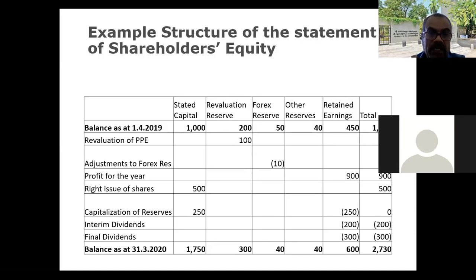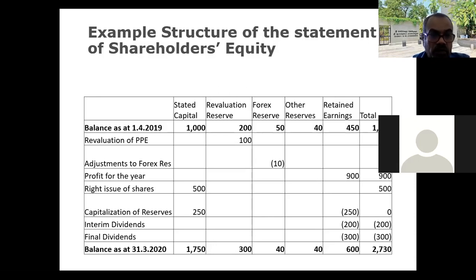What's the opening balance? How do items change due to this or that reason: revaluation or adjustments arising from the accounting standards, the transfer of profits from the profit or loss statement, new share issuance, repurchases, dividend payments, the capitalization of reserves.